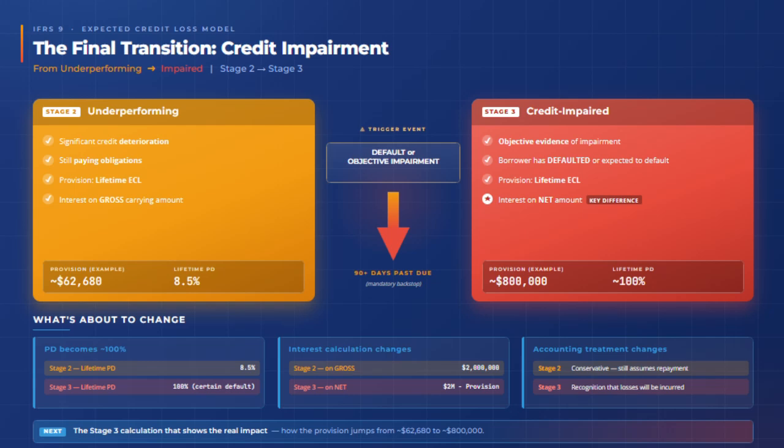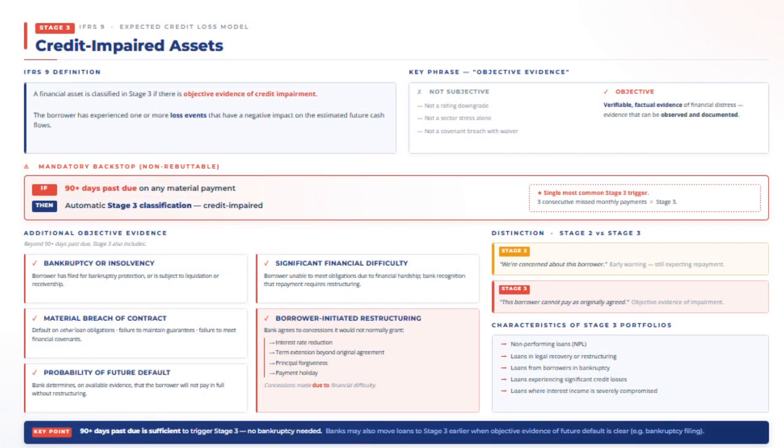Now the stage 3, this is the final stage, the credit impaired assets, and this is where the loans go when the borrower has experienced the objective evidence of loss. A financial asset is classified in stage 3 if there is objective evidence of credit impairment. The borrower has experienced one or more loss events that have a negative impact on the estimated future cash flows.